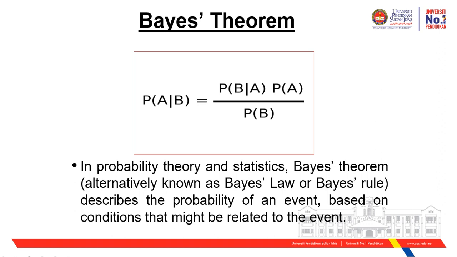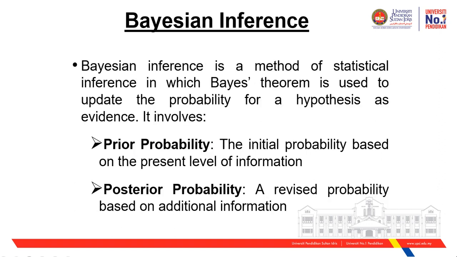Some pronounce it as Bayes, some pronounce it as Bayes. Another term in Bayesian study is Bayesian inference. Bayesian inference is a method of statistical inference in which Bayes theorem is used to update the probability of a hypothesis as evidence. So in Bayesian inference, it involves prior probability. This is the first term.